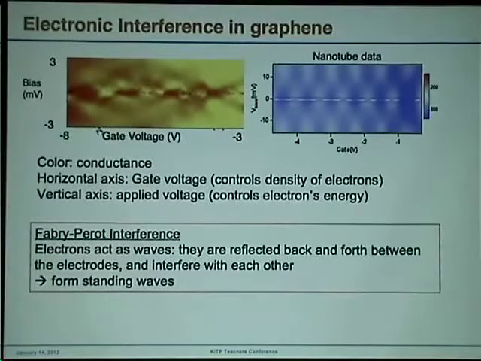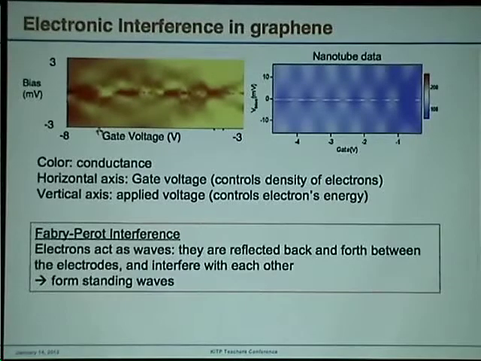Okay. So what happens is that we have some sort of interference effect. The electrons are basically waves in graphene, so they're reflected back and forth between the electrodes and interfere with each other, so they form standing waves.